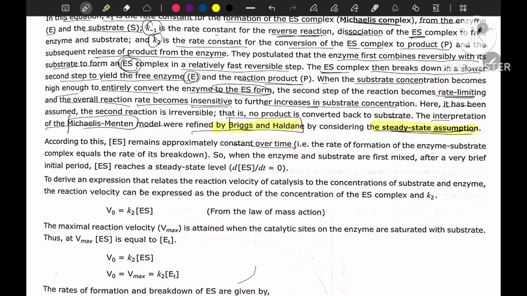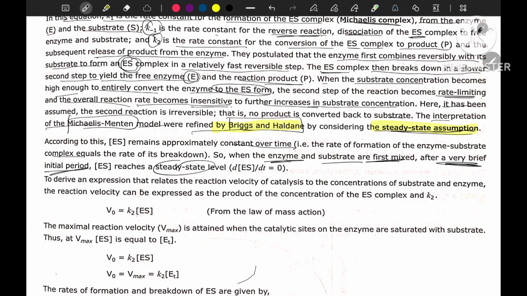That is, the rate of formation of the enzyme substrate complex equals the rate of its breakdown. So when the enzyme and the substrate are first mixed, after a very brief initial period, ES reaches a steady state level, that is, d[ES]/dt is equal to 0.